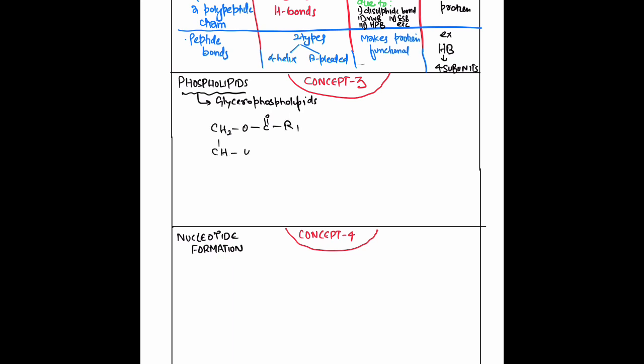This one is a diglyceride, and if we had a third fatty acid, we get a triglyceride, but we want to replace that third fatty acid with phosphoric acid like this, and this species is our phospholipid.